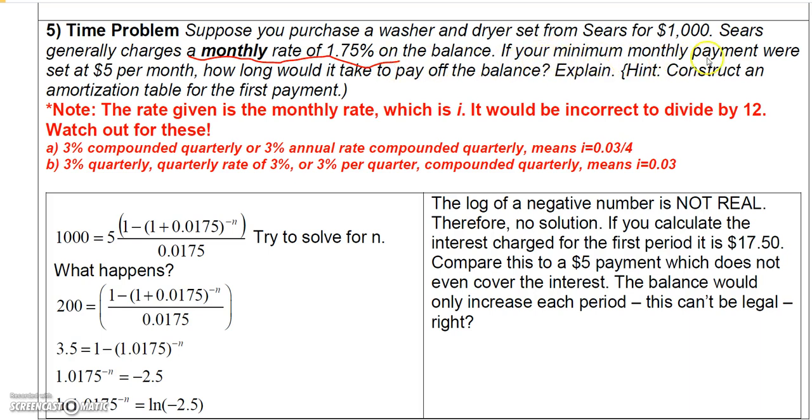If your minimum monthly payment were set at $5 per month, some companies love to do that, give you a very low monthly payment to entice you to buy something. So let's say they advertised your monthly payment would be $5 a month. How long would it take to pay off the balance?